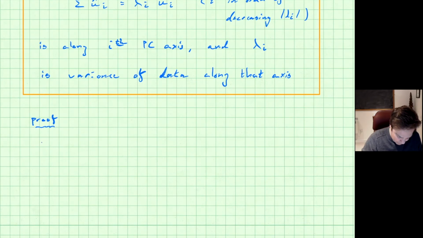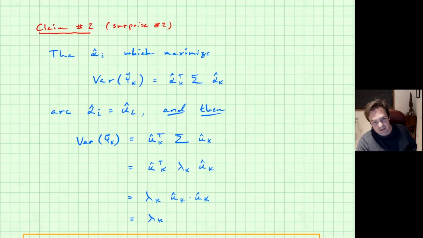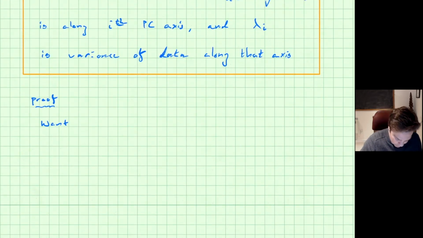Okay, so the claim, let's go back, it's been a while. The claim is that the eigenvectors of sigma actually give us the greatest variances. So what we want to do is maximize this expression here, alpha hat k transpose sigma alpha hat k.